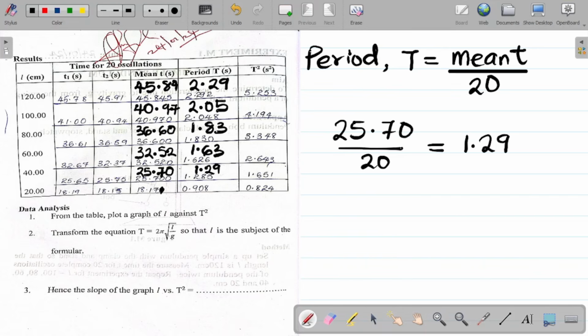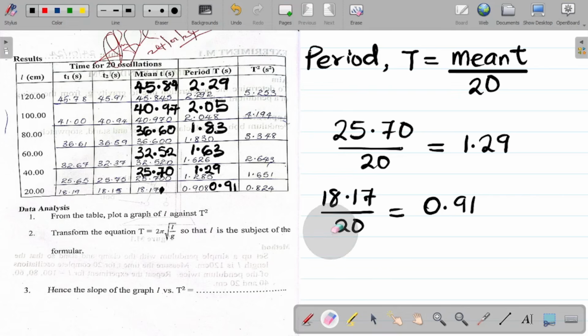And then finally, the last one here, 18.17. Divide this by 20. What do I get? 18.17 over 20 is about 0.91 approximately in 2dp. So this is how you fill up the period section.